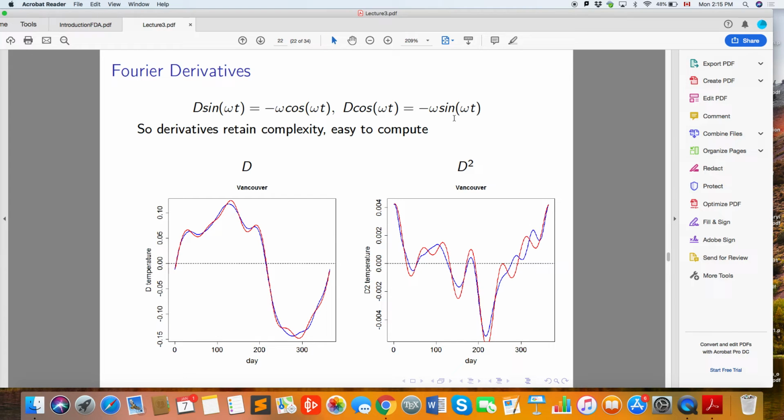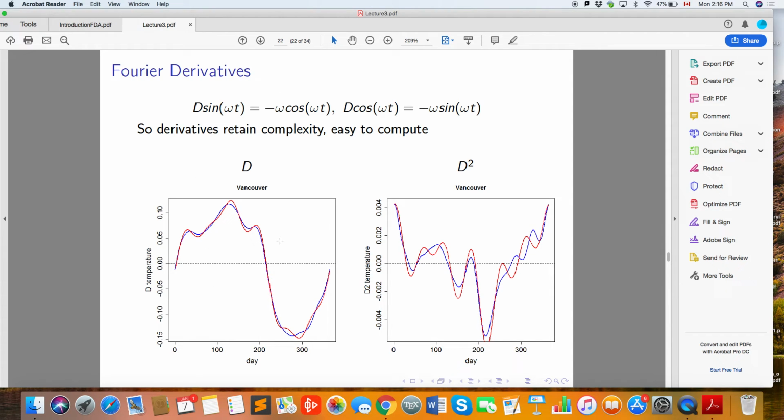In other words, when we take the derivative of the basis functions, unlike the monomial basis function, the complexity of the basis function doesn't decrease, right? You still use cosine omega t and sin omega t, as in approximating the function itself.